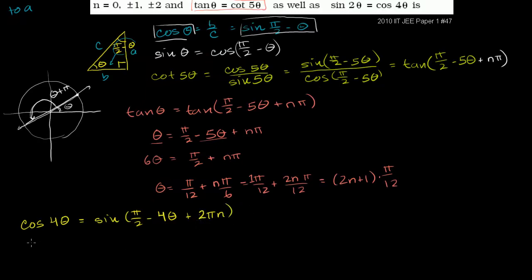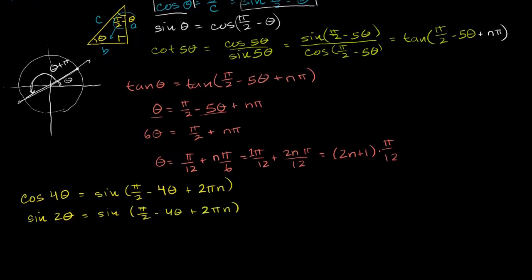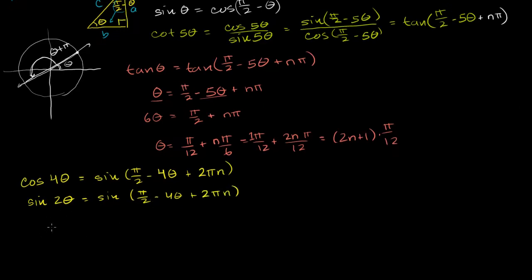We get sine of 2 theta is equal to cosine of 4 theta, which is equal to sine of pi over 2 minus 4 theta plus 2 pi n. And so these evaluate to the same thing. Let's set them equal to each other. 2 theta is equal to pi over 2 minus 4 theta plus 2 pi n.